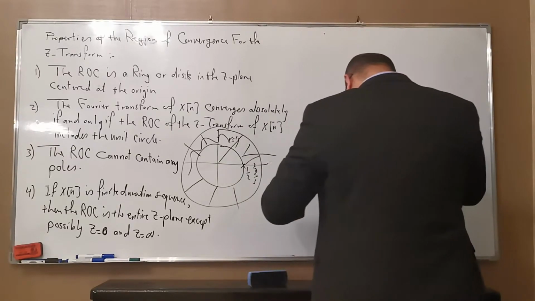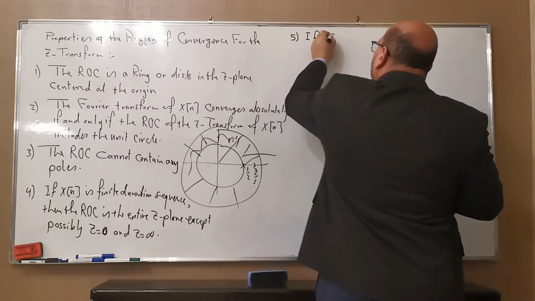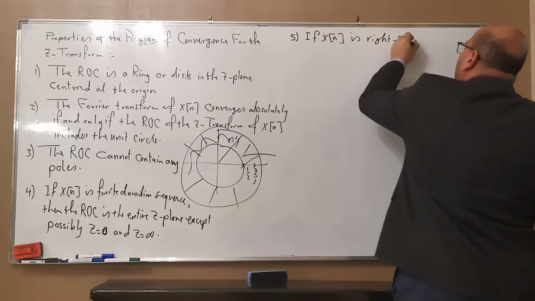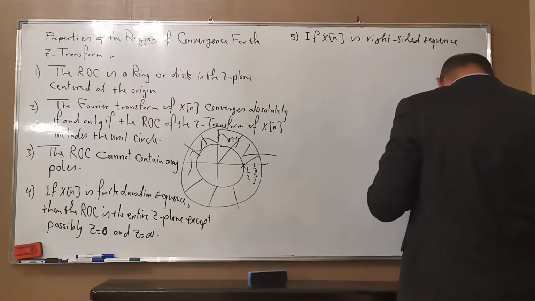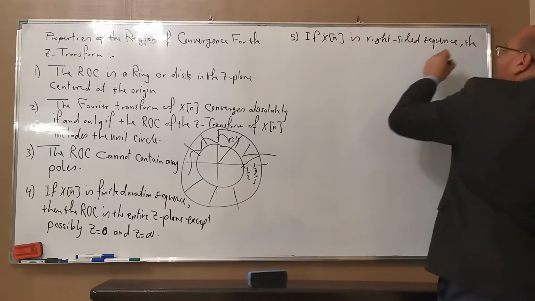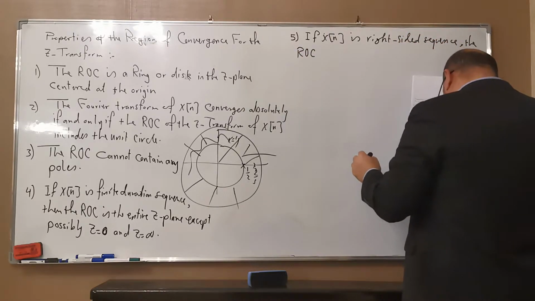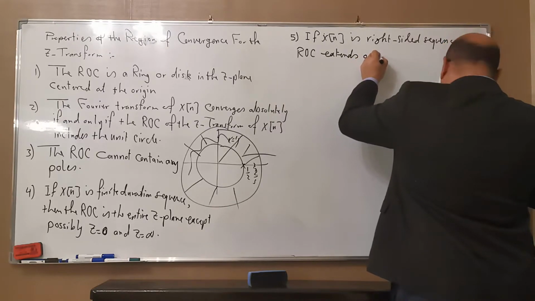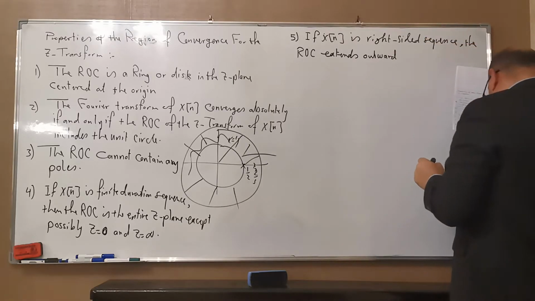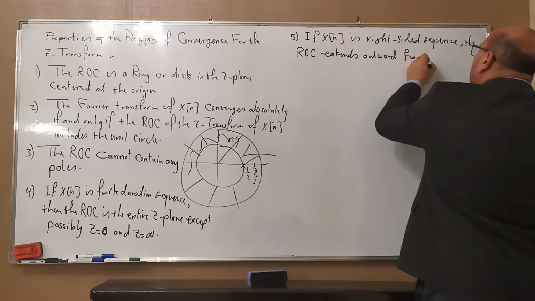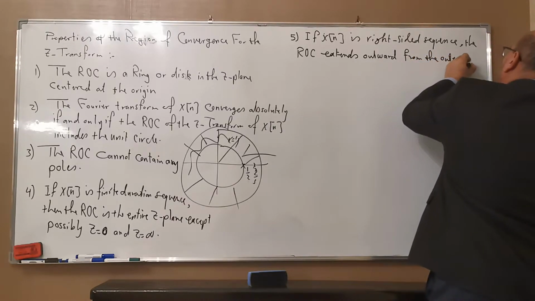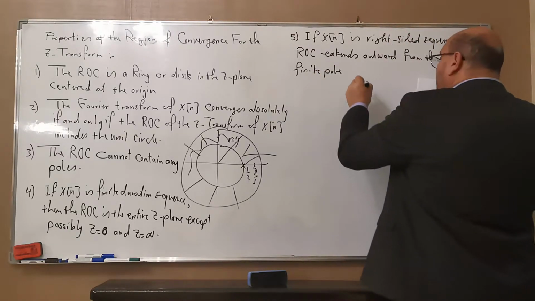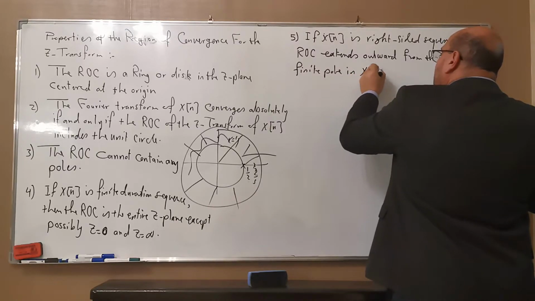Property number 5. If x of n is right-sided sequence, the ROC extends outward from the outermost finite pole in x of z to infinity.